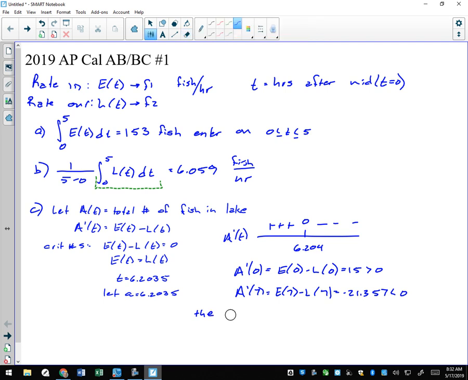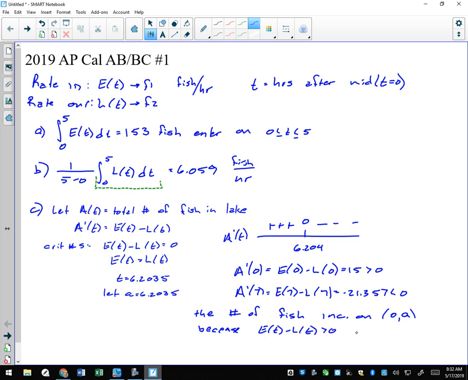Okay, so the number of fish increases on the interval 0 to my critical number A, which I've defined as A over here, because E of t minus L of t is positive on that interval, and decreases on the interval A to 8 because E of t minus L of t is negative on that interval.